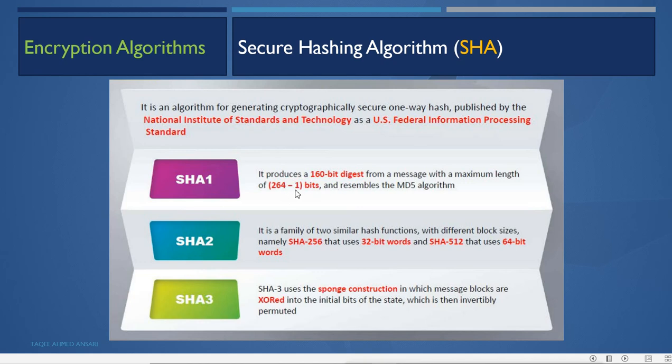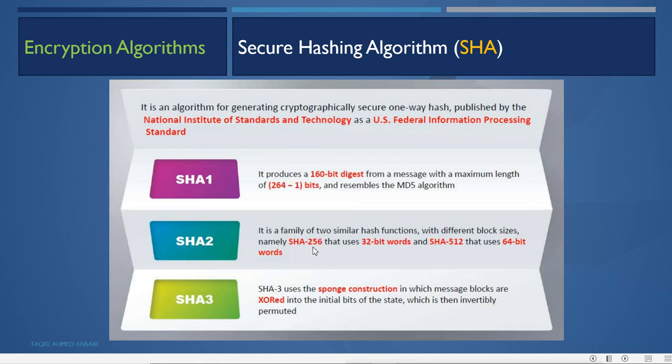Then SHA-2 is a family of two similar hash functions with different block sizes, namely SHA-256, which uses 32-bit words, and SHA-512, which uses 64-bit words.